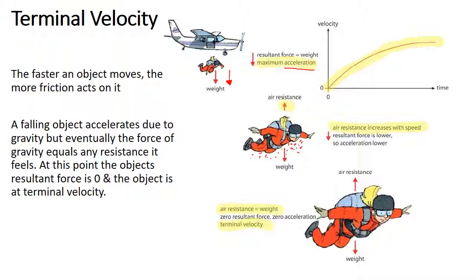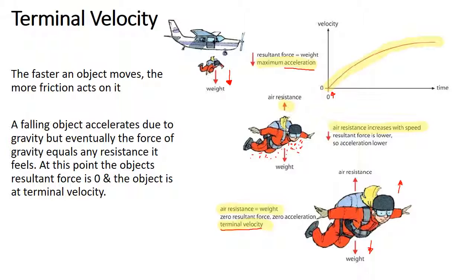However, very, very quickly this air resistance starts to build up as she accelerates. Now, once she gets to the point where her weight is equalled by her air resistance, she has a resultant force of 0. And because of this, there's going to be no acceleration. She's just going to be moving at a constant velocity, and this is called terminal velocity.